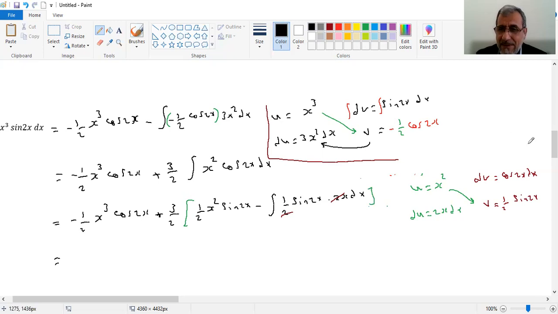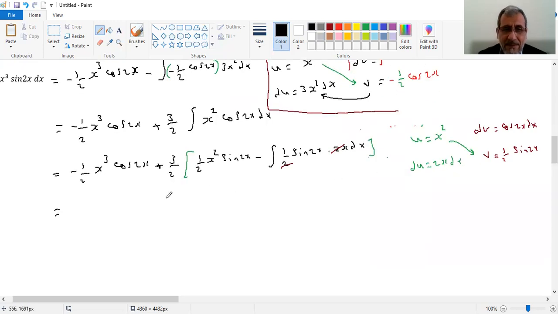I have here plus 3 over 4 x squared sine 2x and minus 3 over 2 integral of x sine 2x dx.